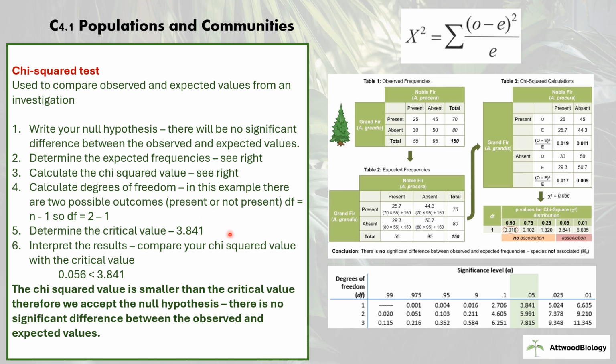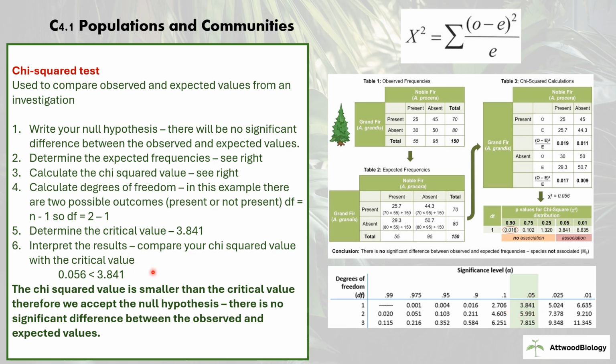The next step is to determine the critical value. Now, we have to use the critical values table in order to do this, and we're always going to use a significance level of 5% or 0.05. So we look at the 0.05 column, and we look at the degrees of freedom here. We can see 1 degree of freedom and 0.05 is 3.841.